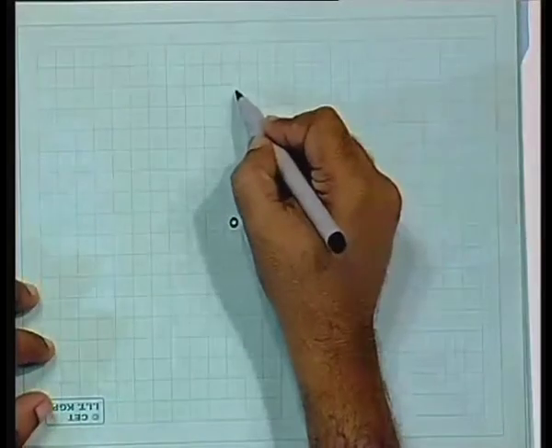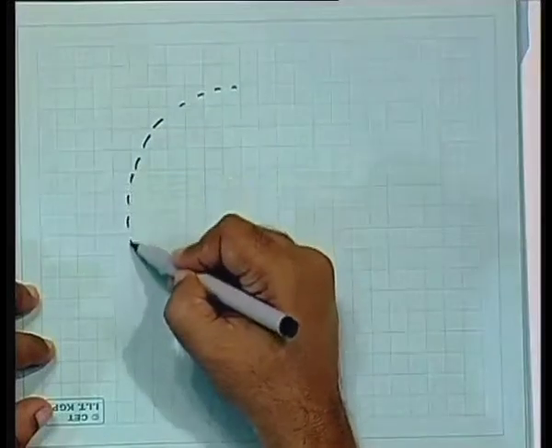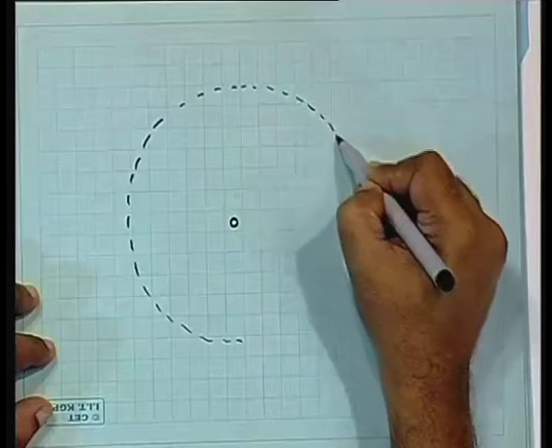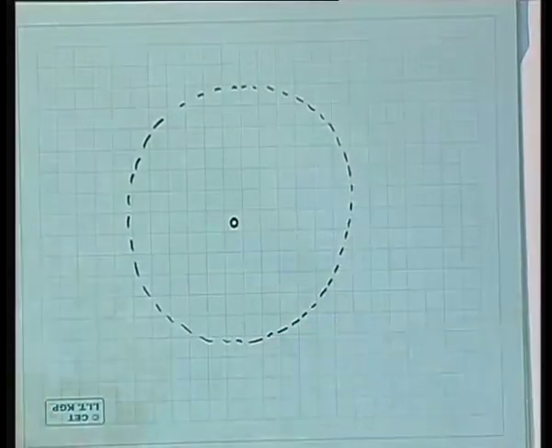How it actually works, in order to understand, let us draw in this way. Suppose this is the shaft at the center, and suppose this is the, not a bad circle.